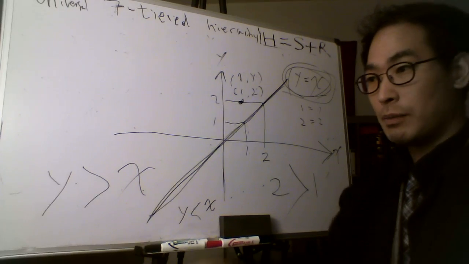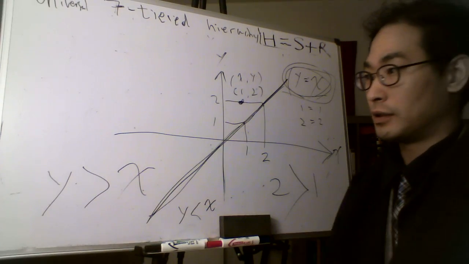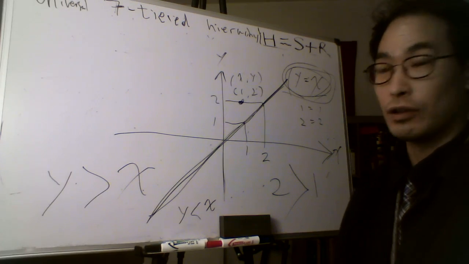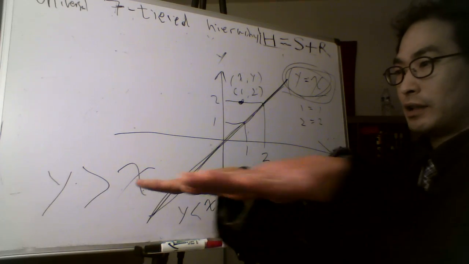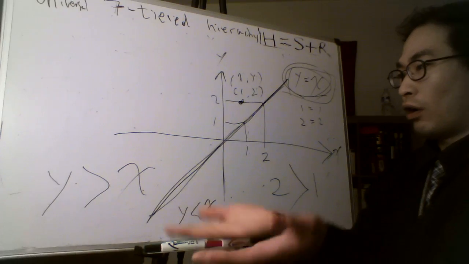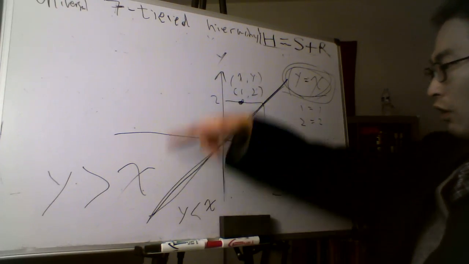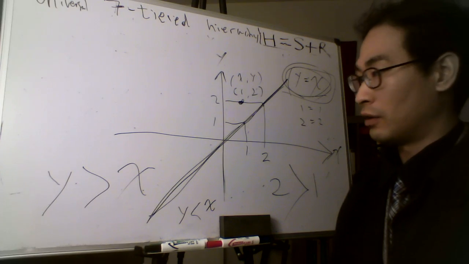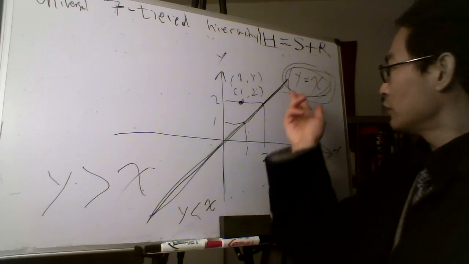It may have some angle, but we call them linear. It's a straight line or straight plane instead of a curved line. That's non-linear.